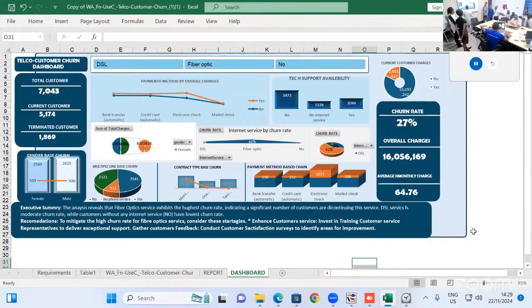Looking at the contract type, month-to-month, 1 year, 2 year, we also discovered that month-to-month is higher than the other contract types. So this dashboard, in a nutshell, has explained the challenge of the telco, which is churn, why customers are disconnecting and leaving the service. I would like my colleague to give us the executive summary and recommendation.